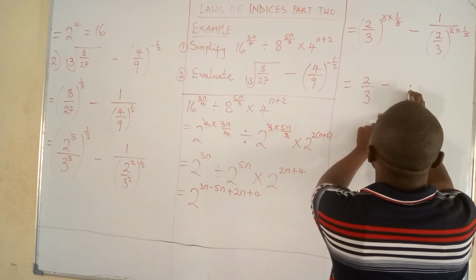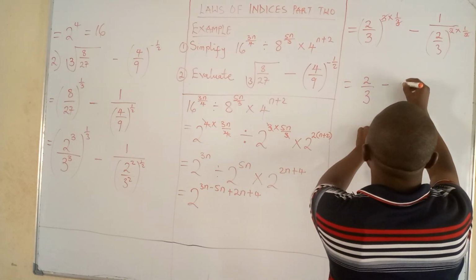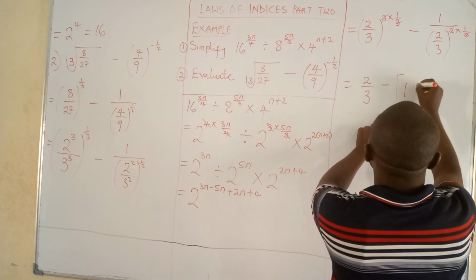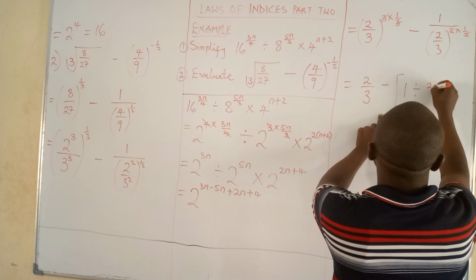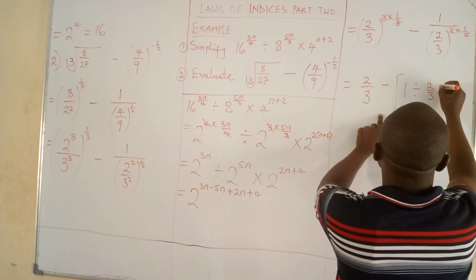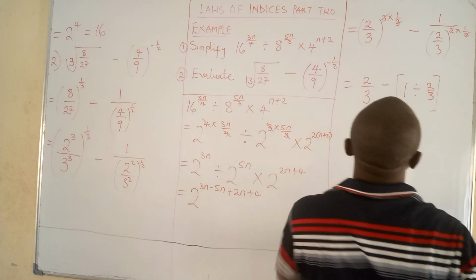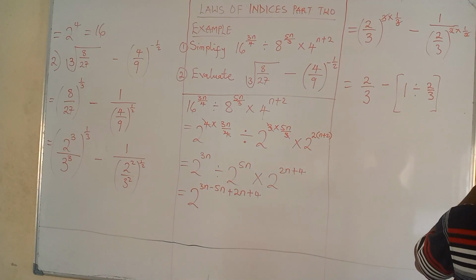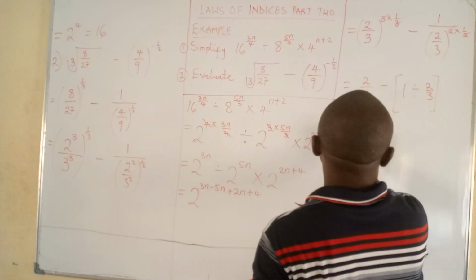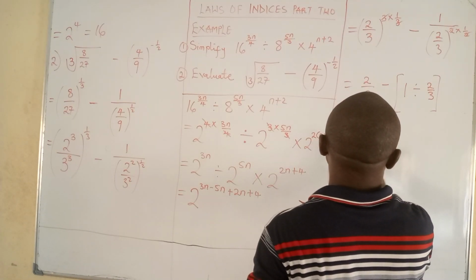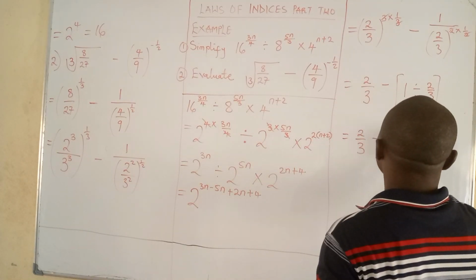You are left with this, which is the same thing as saying 1 divided by 2 over 3.